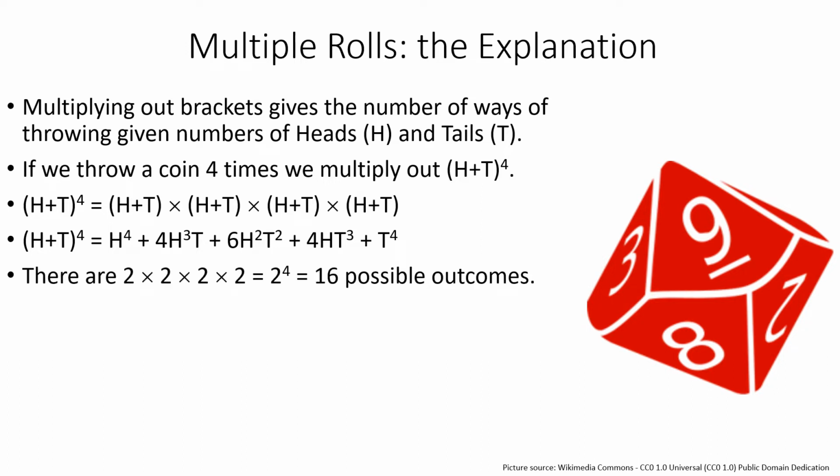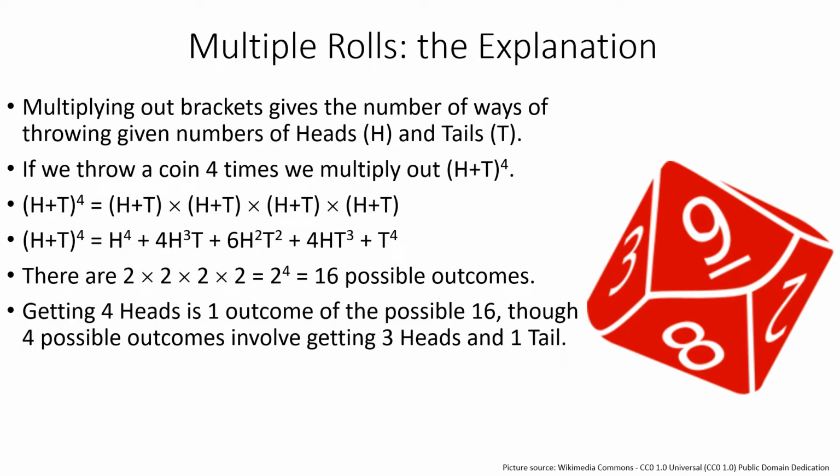And so again, with 4 rolls, it's 2 times 2 times 2 times 2, that's 2 to the power 4, 16 possible outcomes. And you can see here that it's actually these numbers in front of the H and T terms which are counting up all the possibilities.